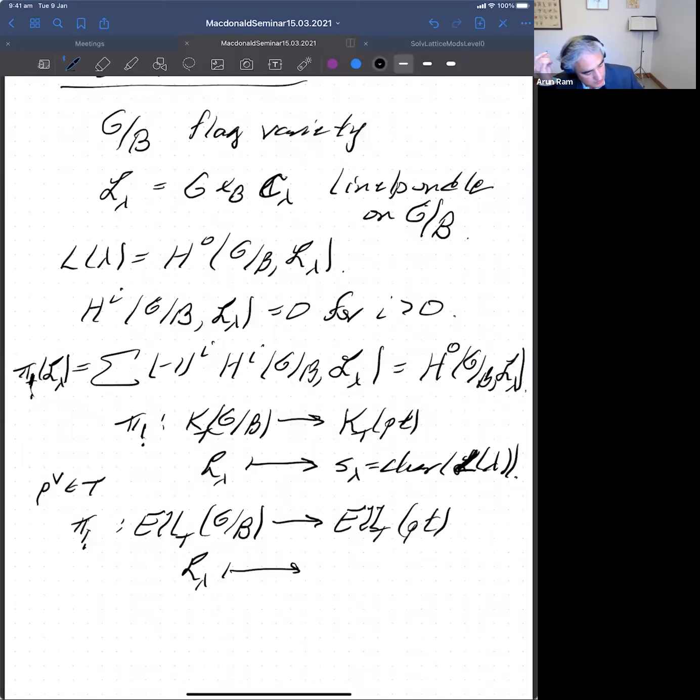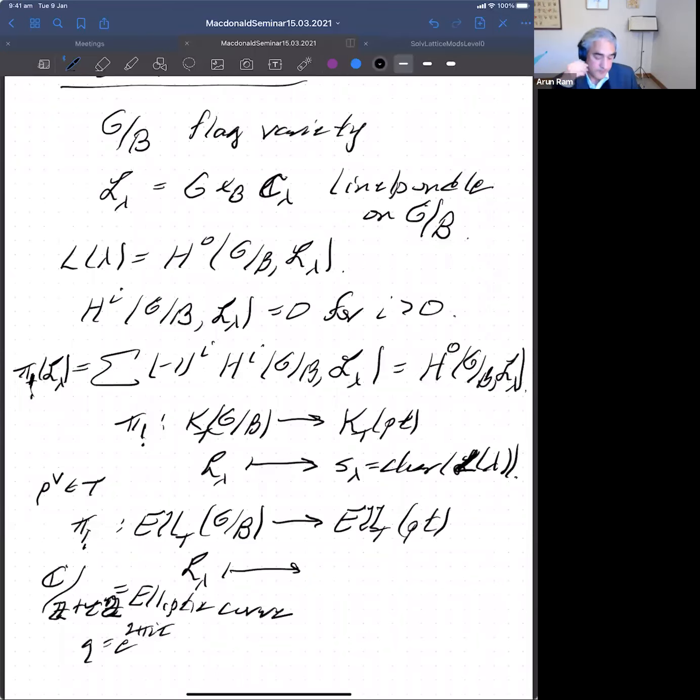But the elliptic curve is built from C modulo a lattice. So this is my elliptic curve. And q is e to the 2 pi i tau. All right. So here you get something.